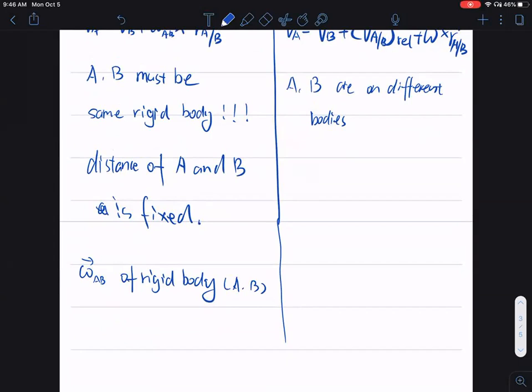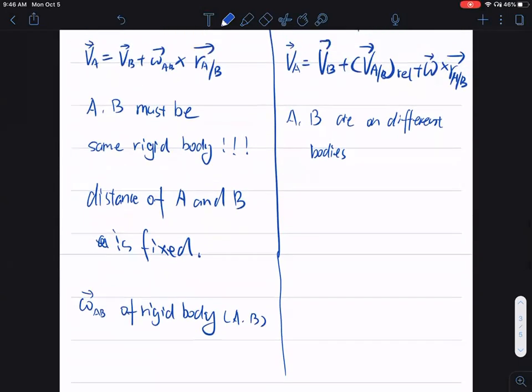That's for chapter 2. Now let's look at chapter 3, that equation. What is omega there? What is this omega? So remember here, point A and point B are on two different rigid bodies in chapter 3.